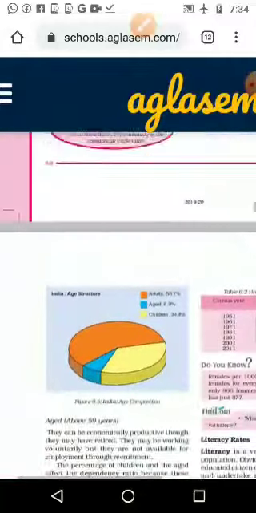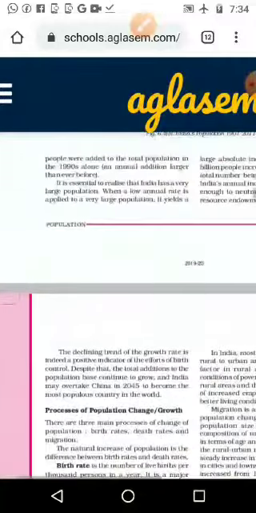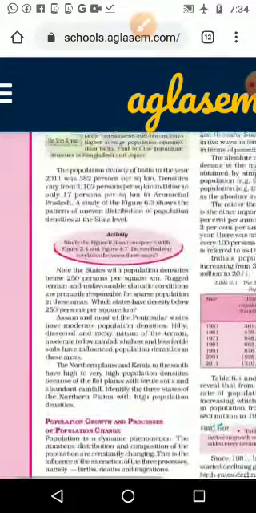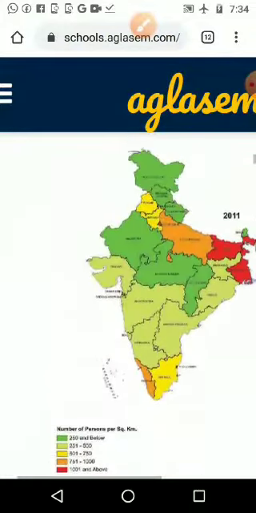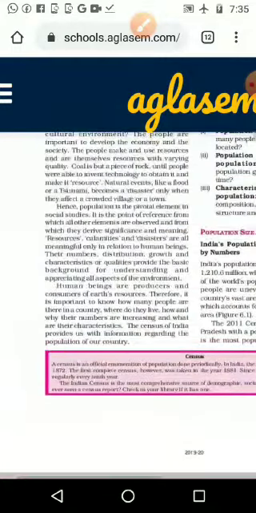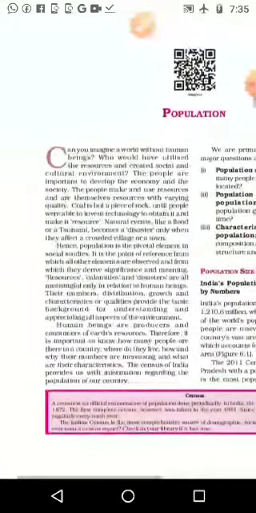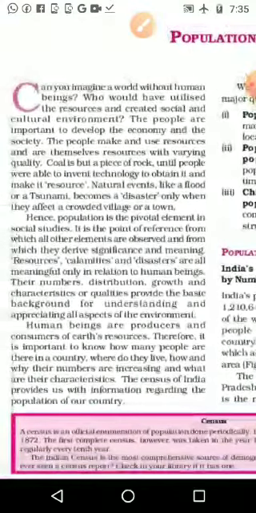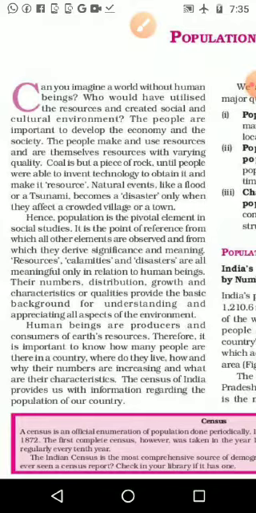Many concepts we already studied in 8th standard, and we will go through this lesson very fast. It is a very interesting lesson, and if you understand population and some basic things, then we can understand overpopulation, what it is, why we suffer so much unemployment, and why India is still a poor country. We will get answers to such things.